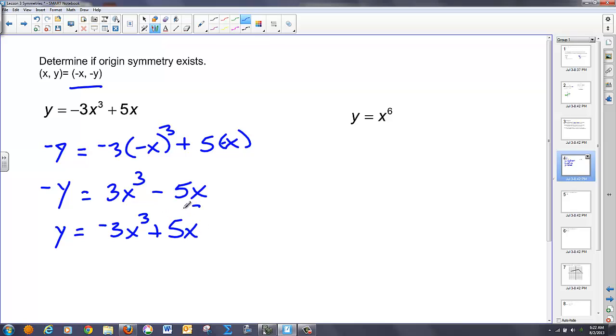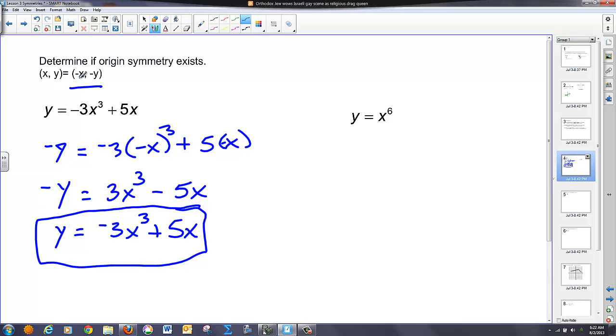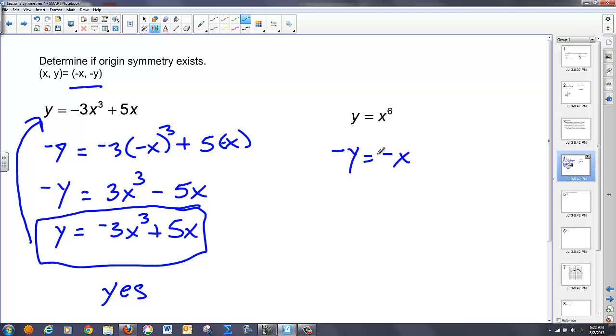And you'll notice that the resulting equation, after plugging in and making a substitution of negative x, negative y, is exactly the same as the original. So yes, this is origin symmetric. Now if I do the same over here and plug in a negative y for y and a negative x for x, you'll notice negative x to the 6th power is a positive x to the 6th, and that equals negative y.